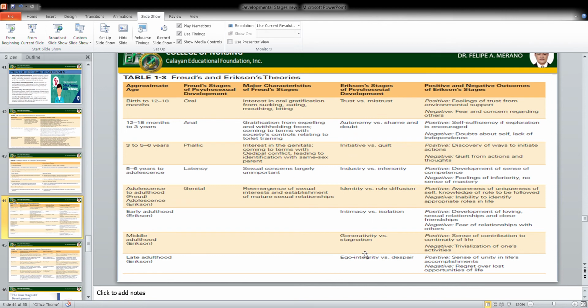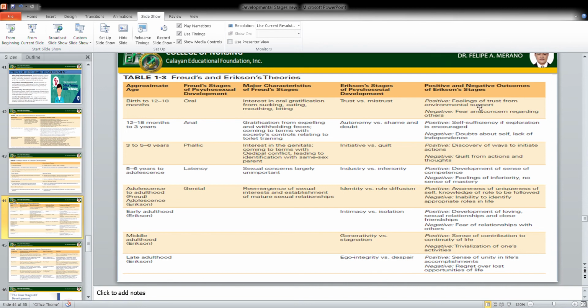While in Erikson, it goes up to late adulthood: trust versus mistrust, autonomy versus shame and doubt, initiative versus guilt, industry versus inferiority, identity versus role diffusion, intimacy versus isolation, generativity versus stagnation, and ego integrity versus despair.